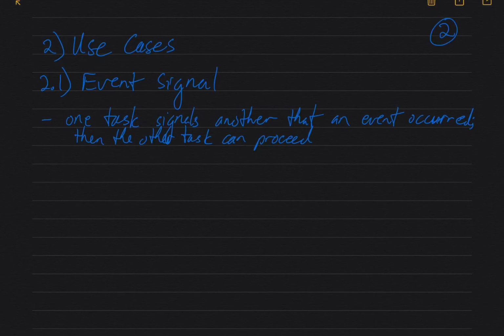So in other words, the other task has been waiting for the signal before it went any further in its execution. We're going to use pseudocode for these.